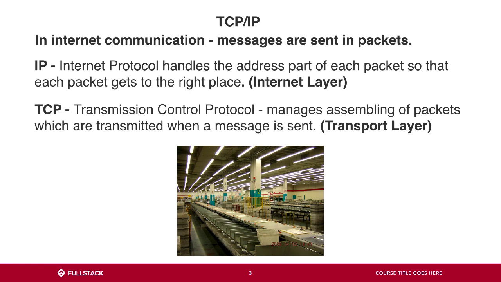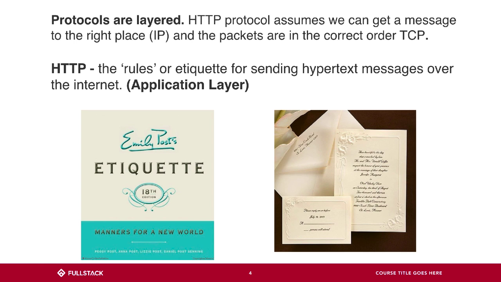You can do a lot of different types of communication over TCP/IP, but the part that we're interested in is communication of HTML. So we have another layer, which is an application layer. And there are other application layers as well.